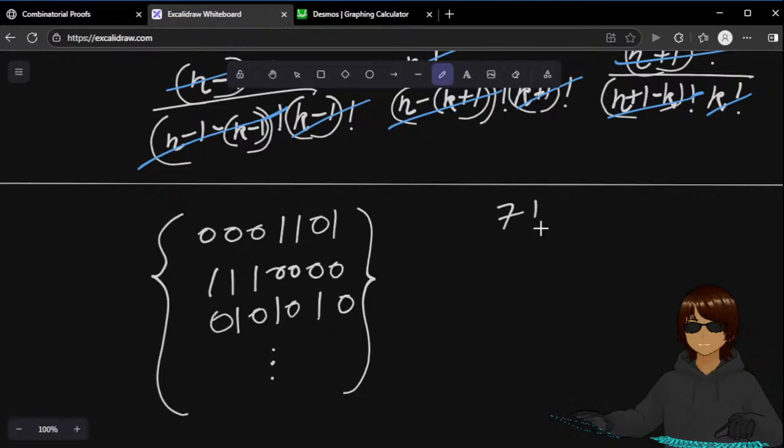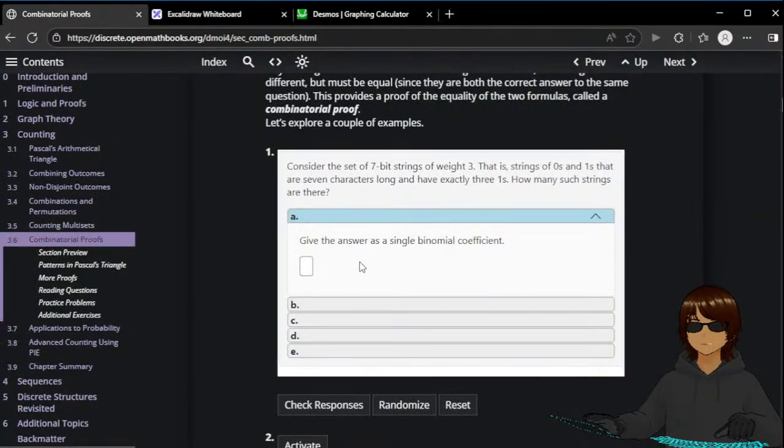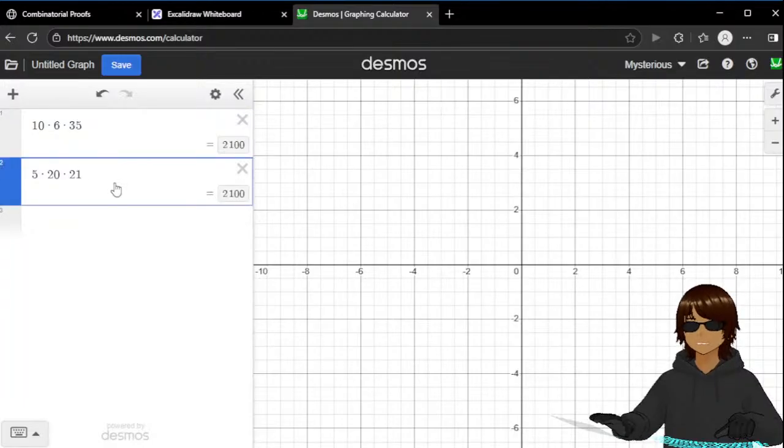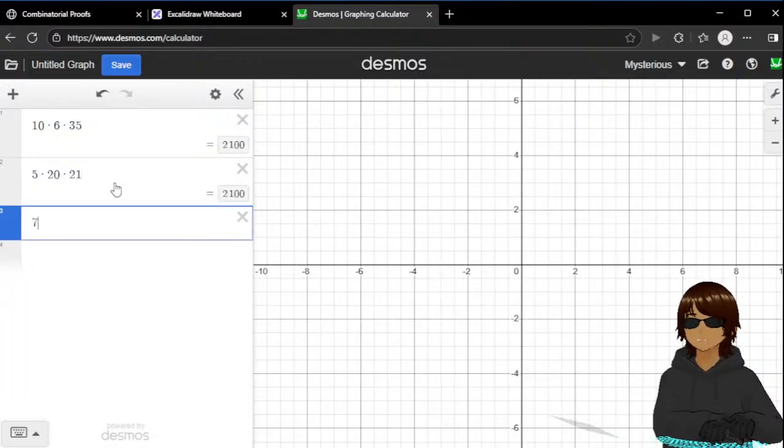We choose, 7 factorial, 4 factorial, 3 factorial. What do they want? Give an answer as a single binomial coefficient. I don't know what they mean by this. Isn't it just 7 choose k?